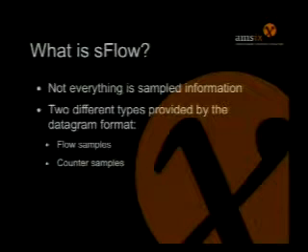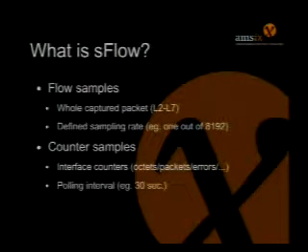Counter samples pretty much replace the data you can pull from your devices via SNMP, like interface information, counters, errors, and stuff like that. The flow samples basically capture the packets, so you can define an interval, like 1 out of 8K, and you get 1 out of 8K packet headers, which you have to parse, analyze and count.